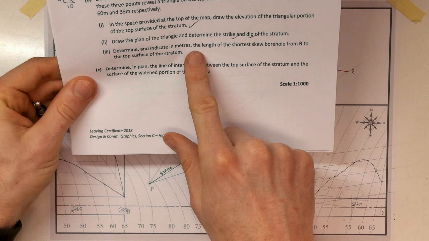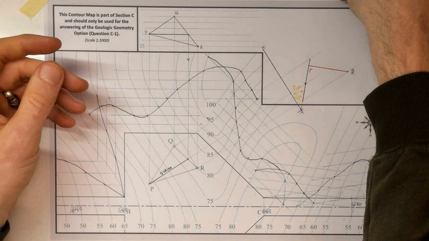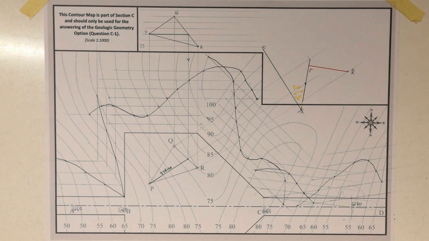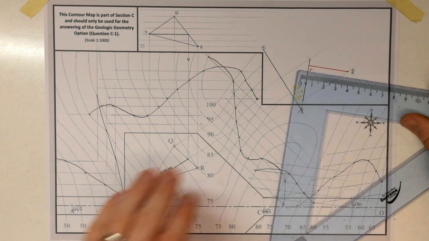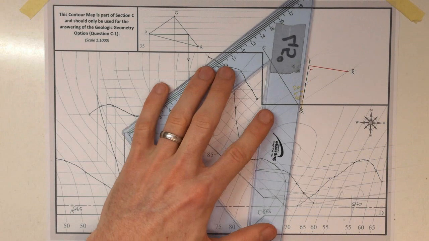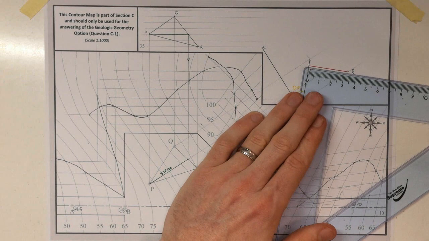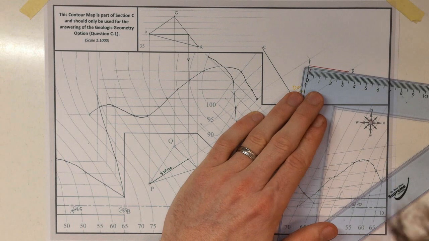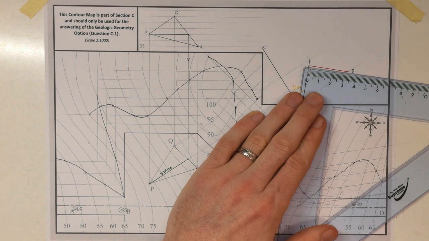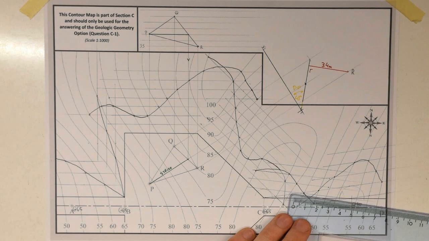Indicate in meters the length of the shortest skew borehole in R. So that there is going to be, let's extend this out. Where's my red pen? That distance is 30, I have a 33, 34, so about 34 meters.